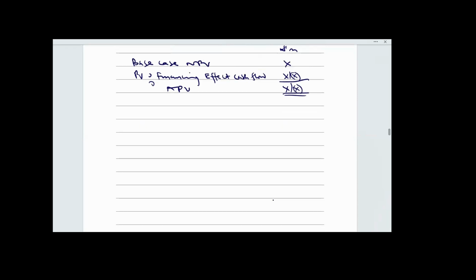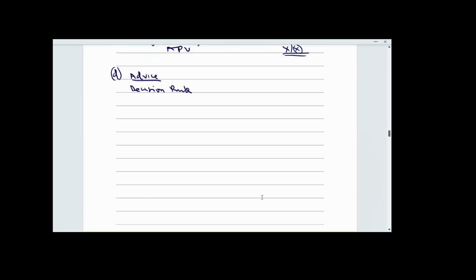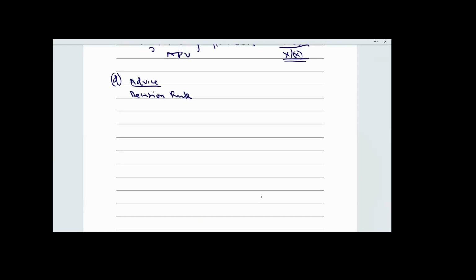Then of course, step D says you should advise. The decision rule here is the same as the decision rule for NPV. You advise that the project should be accepted if APV is positive.